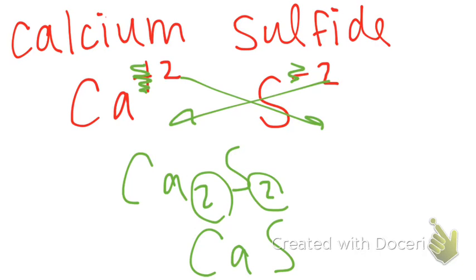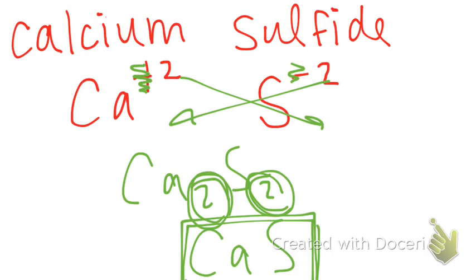If our subscripts are reducible by the same number, we need to do that. An ionic compound should always be the most reduced version of the compound. So if you saw it right away, you might have just put them right together, CaS. But if you did the crisscross, we can't leave it at Ca2S2. We have to reduce those each by 2. So our final formula really should be CaS.